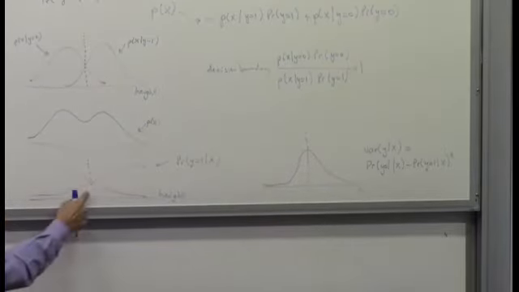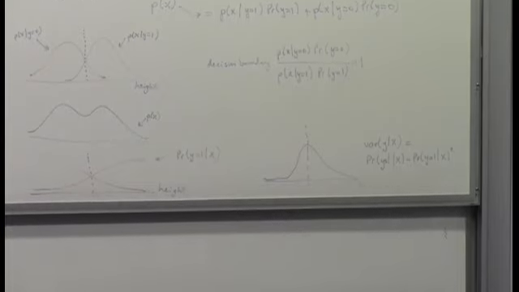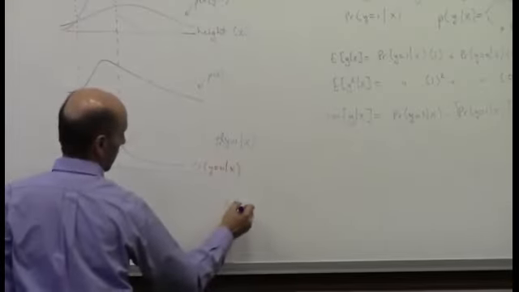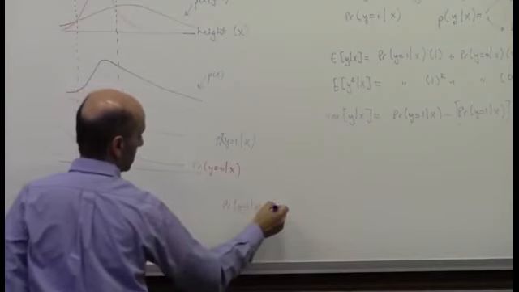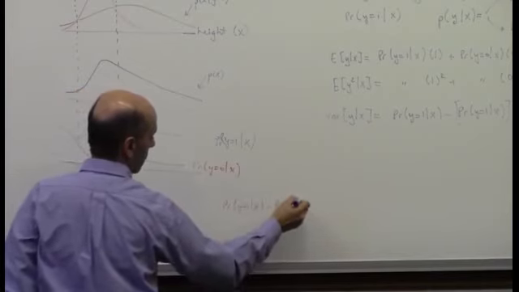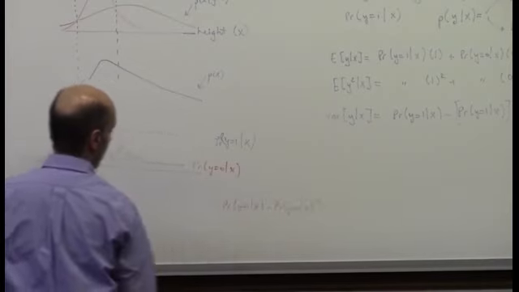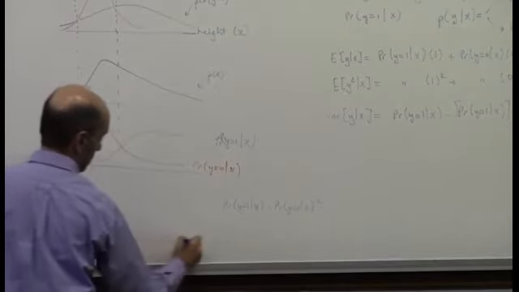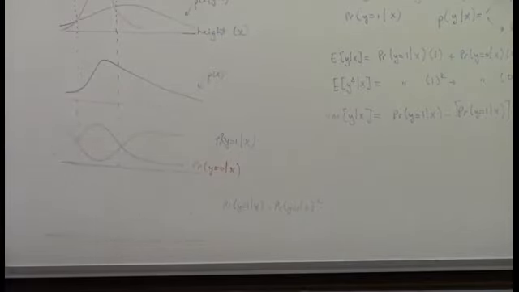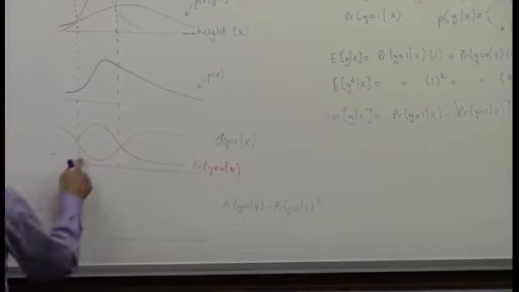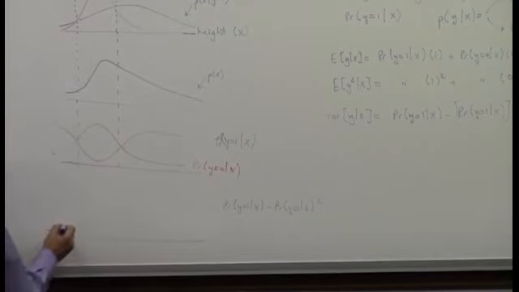It has a maximum value right at the decision boundary. My uncertainty is going to be greatest right here.